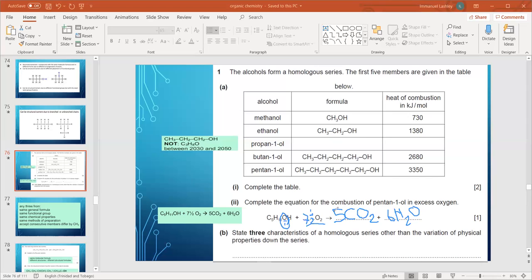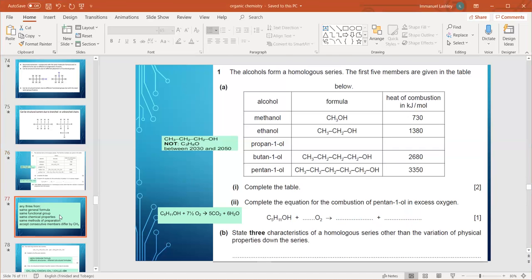All right. The next part of the question asks, state 3 characteristics of the homologous series other than the variation of physical properties down the series, right? There are a number of different options you could choose from.